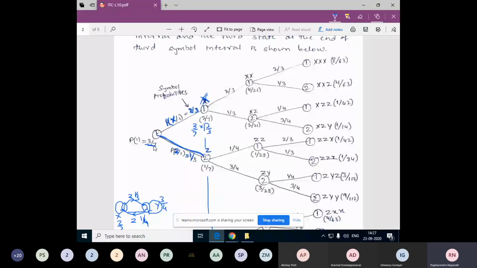If we multiply these two probabilities, you get the probability at this new state. And what is this value? The 3s get cancelled, so it is 2 by 7.